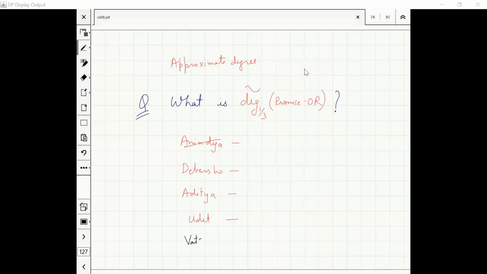Because promise OR is simpler than OR, right? So constant. Okay. Aditya. Okay. Udit. Constant maybe. Okay. Vatsal. Constant. Constant. Nobody is for root n.